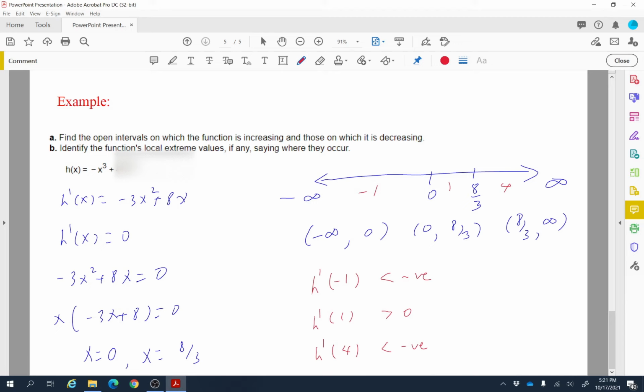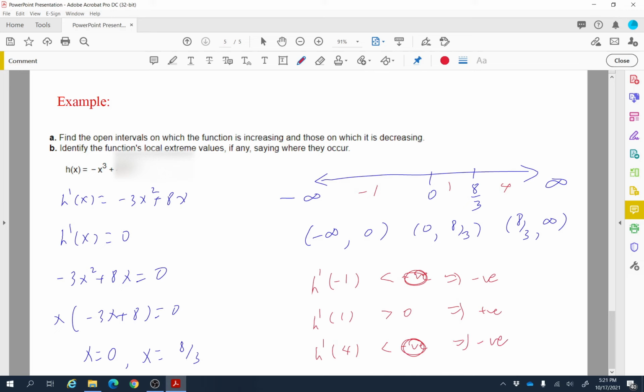Just plug this value back in this derivative. If you have x equal -1, it will be -3 -8, which is -11. You don't need the exact value, you just need whether it's negative or positive. So this is less than 0, that means negative. Greater than 0, that means positive. Less than 0, that means negative again.